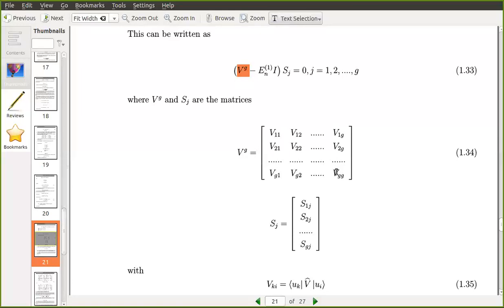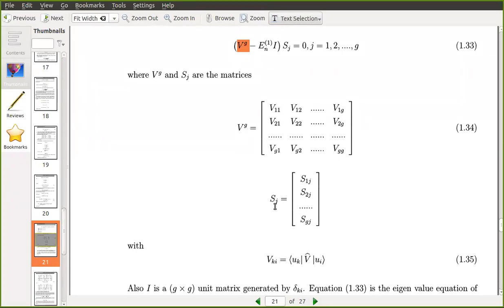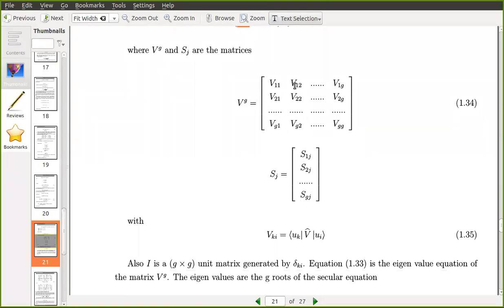The last element is VGG. I think the order is clear to you. Also, S_j is nothing but S1j, S2j, S3j, etc., SGj. Now this V11 or V12 is given by V_ki, which is <u_k|V|u_i>. You give different values for k and i, starting from 1 to G. Then you get all the elements, V11, V12, V21, like that.